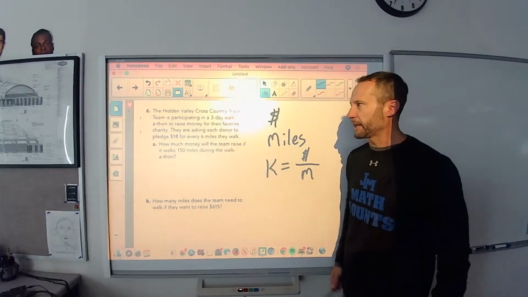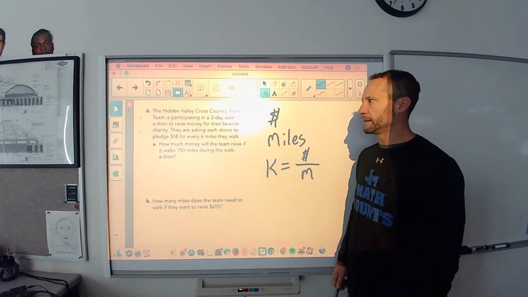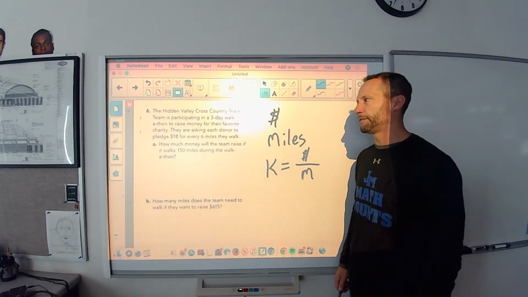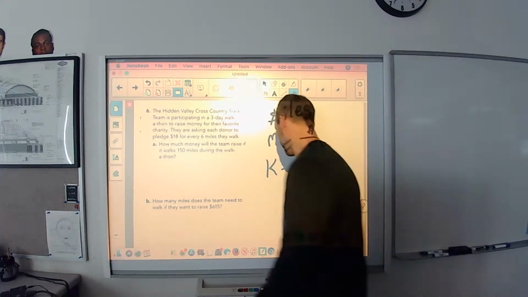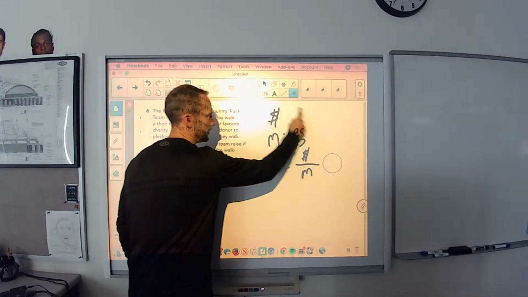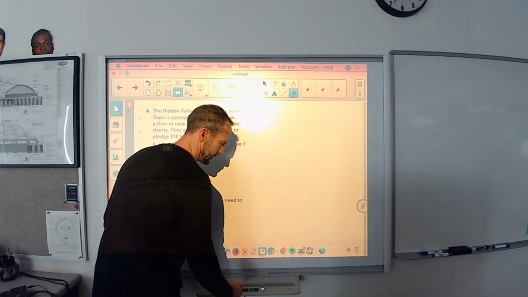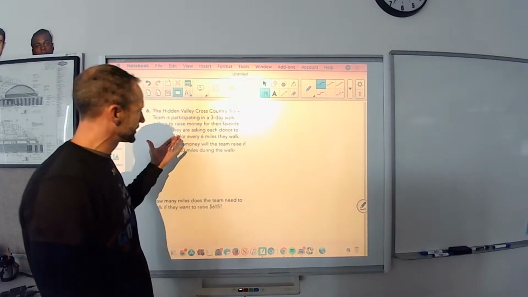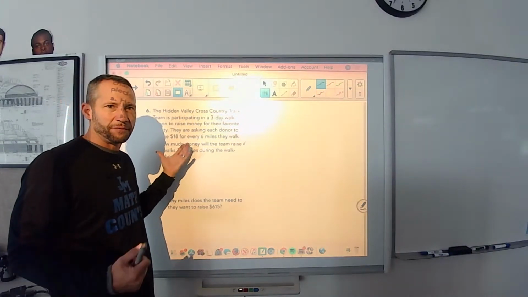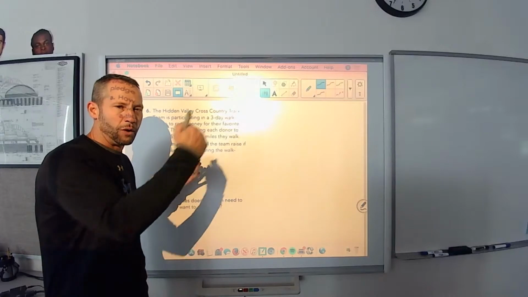So in letter A, it says how much money will the team raise if it walks 150 miles during the walkathon? So the first thing we're going to do is identify and put in an actual value for K. What is, in this story, the actual K? What is the value of that constant, that y over x?